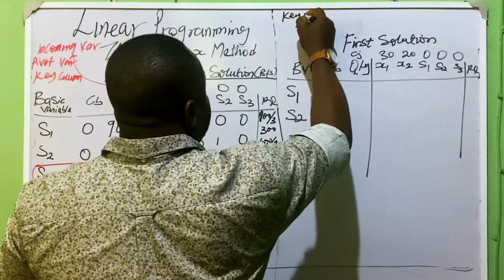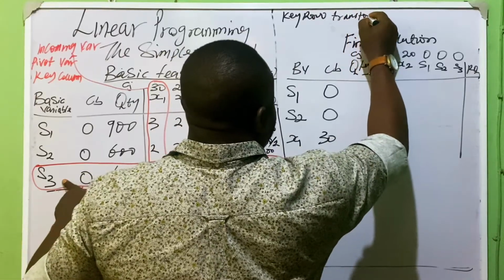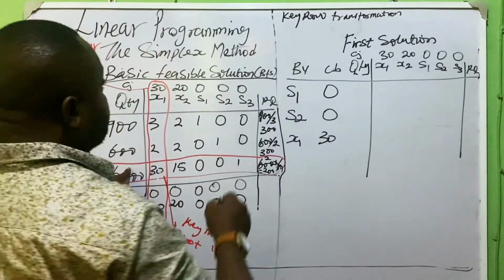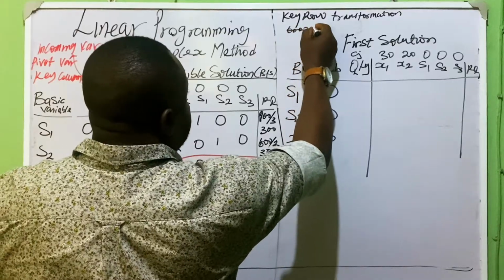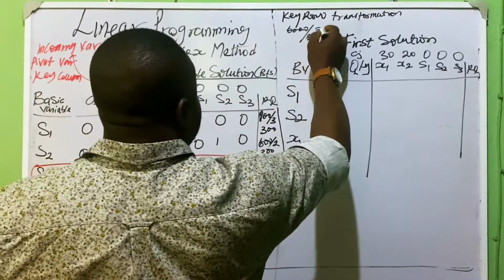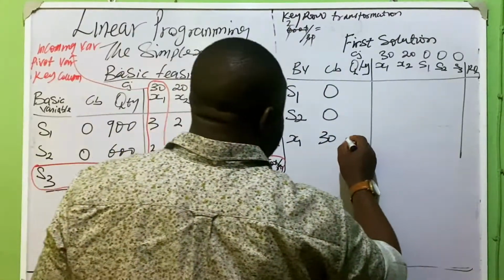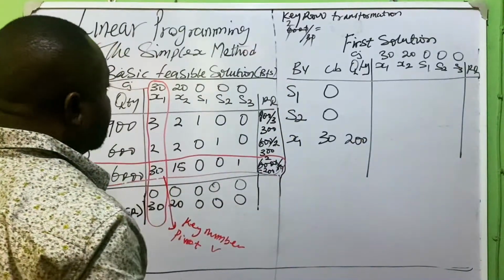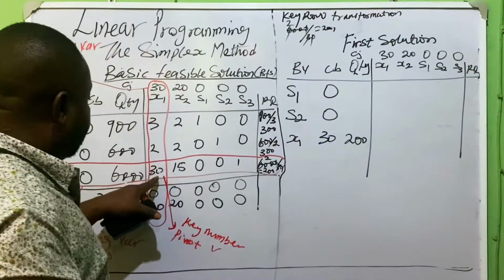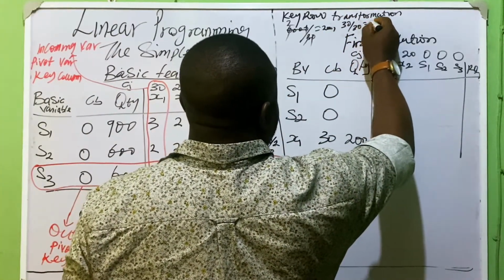Key row transformation will be: for 6,000, we have 6,000 divided by 30, which is equal to 200. Then 30 by itself will give us 1.